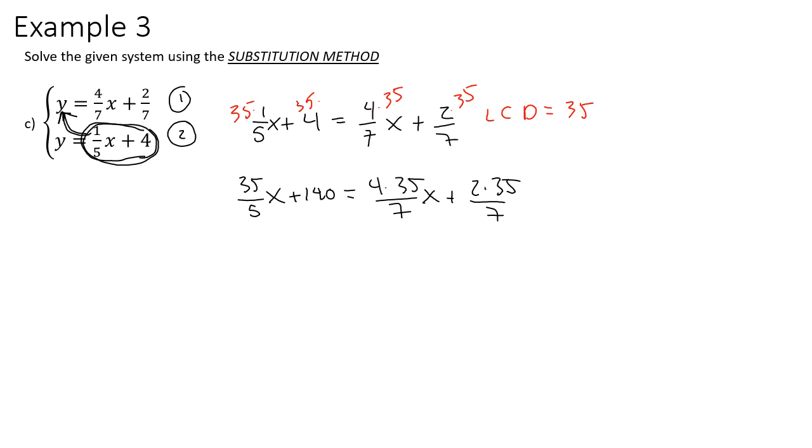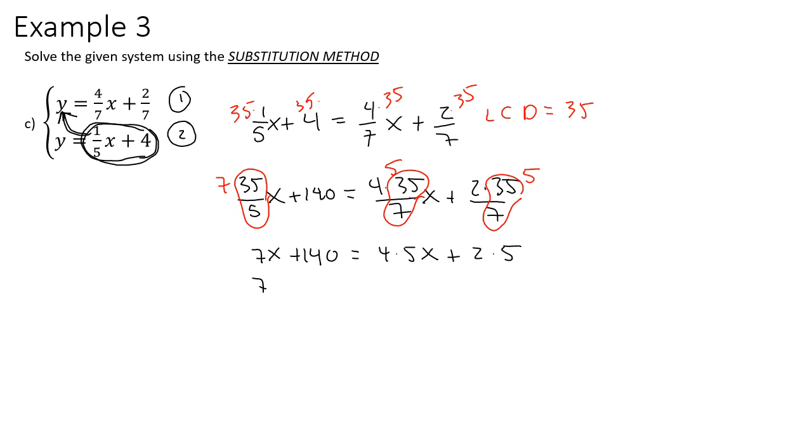Then I can do a little simplifying. 35 divided by 5 is 7. Divided by 7 is 5. And then 35 divided by 7 is 5. So I now have 7x plus 140. Cleaning that up a little bit.